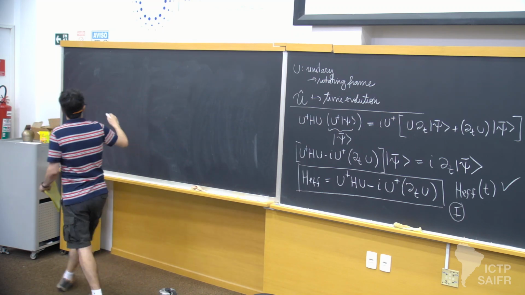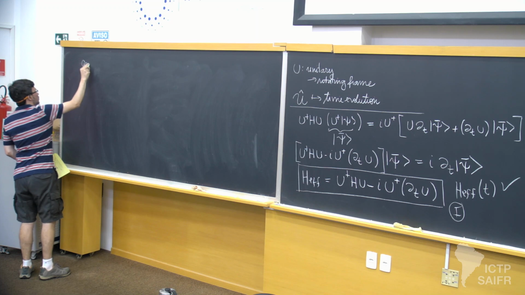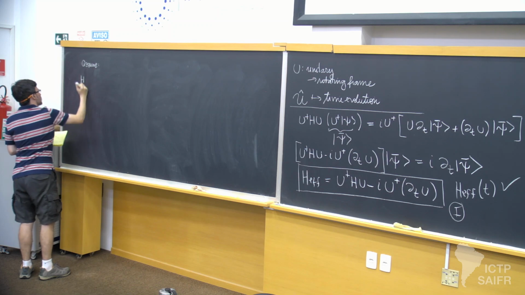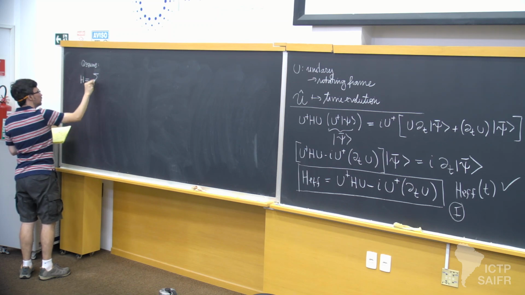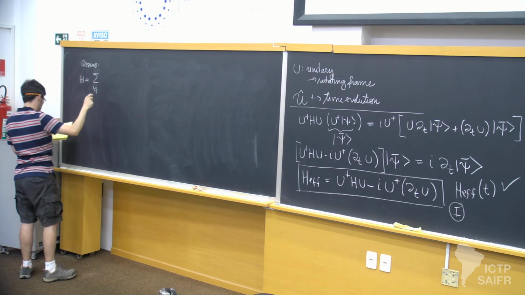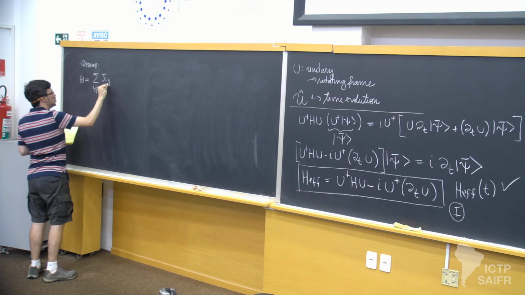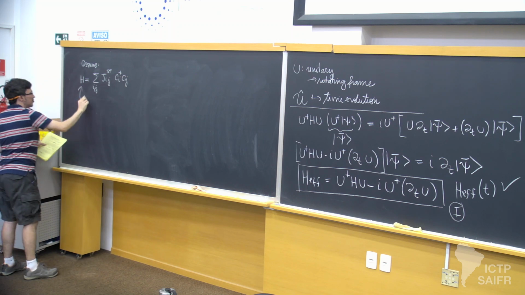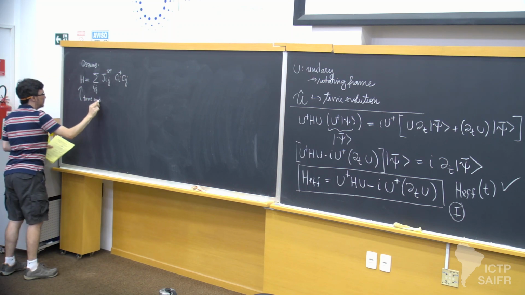Let's assume some general Hamiltonian that is equal to the sum over i and j of J_ij c_i dagger c_j. So this is a time-independent Hamiltonian.